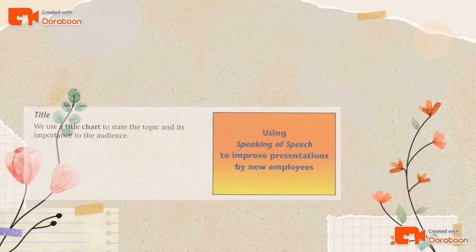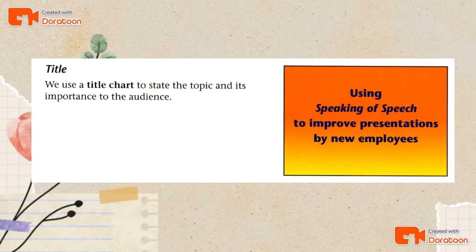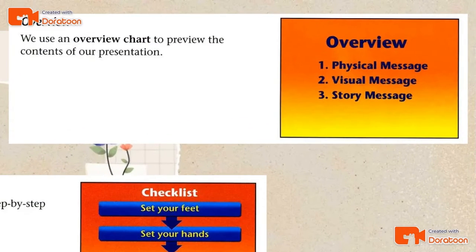And next, title charts. We use a title chart to state the topic and its importance to the audience. Next is overview. We use an overview chart to preview the contents of our presentation.